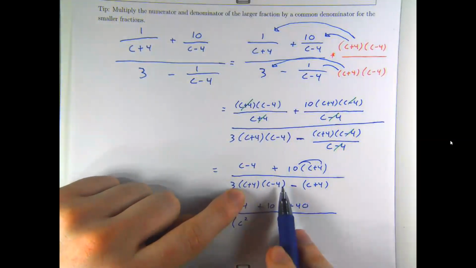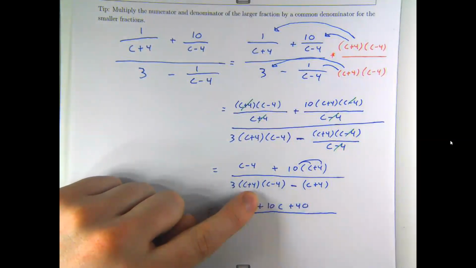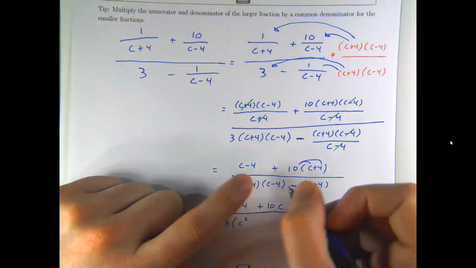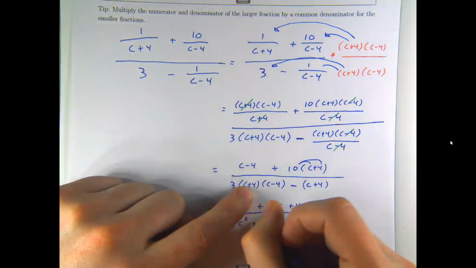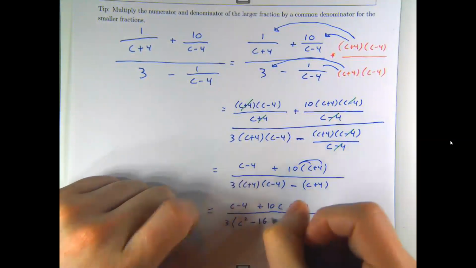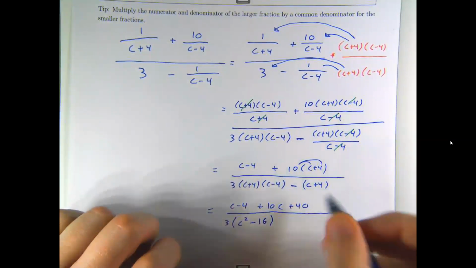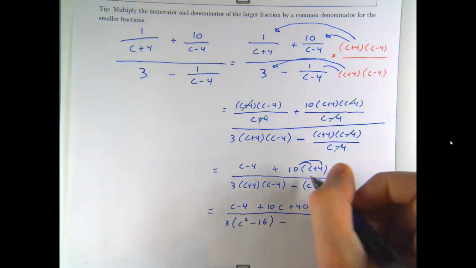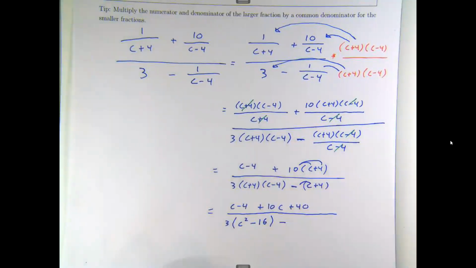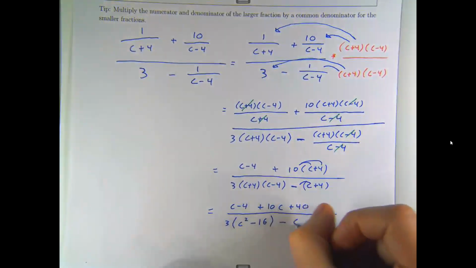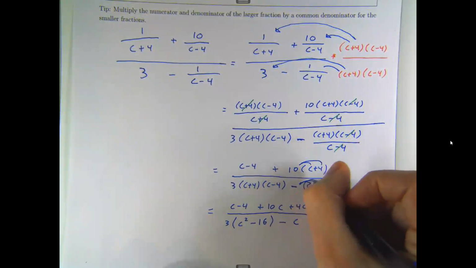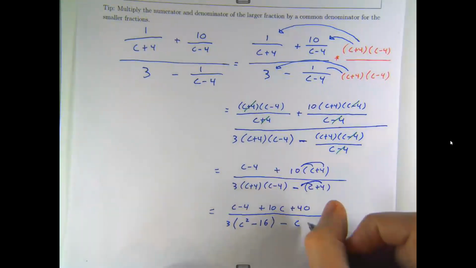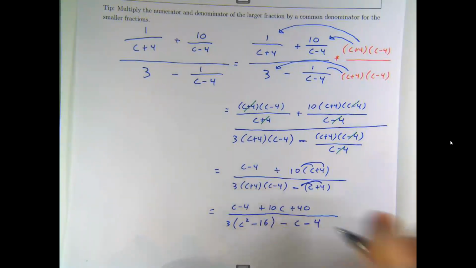I have minus 4c and plus 4c that are going to cancel out. And I have plus 4 times negative 4 giving me a negative 16. And I am subtracting c, I'm distributing that negative. But I'm also subtracting this negative times a positive, so minus 4.